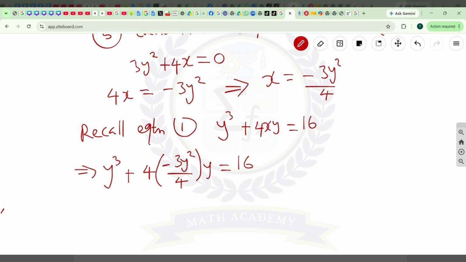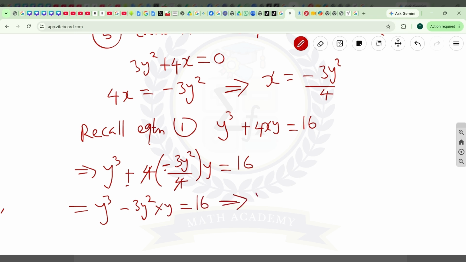And I'm going to proceed by looking for the value. In y cubed plus 4 times negative 3y squared over 4 times y, the 4 is going to cancel out 4. Positive times negative is negative, so this is going to change to negative 3y squared multiplied by y is equal to 16.